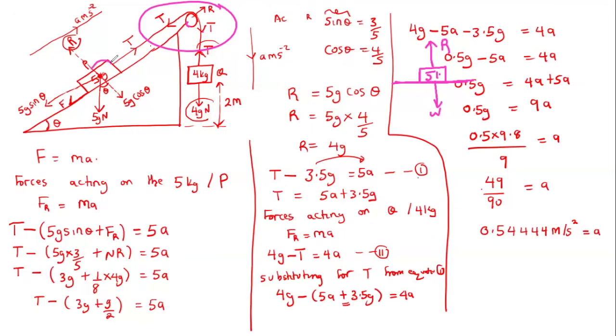When this body here is being pulled up, acceleration means the rate of change of velocity with time. The acceleration depends on velocity: where is the body coming from, where is the body going? So it does not depend on the mass. Acceleration does not depend on the mass of the body.